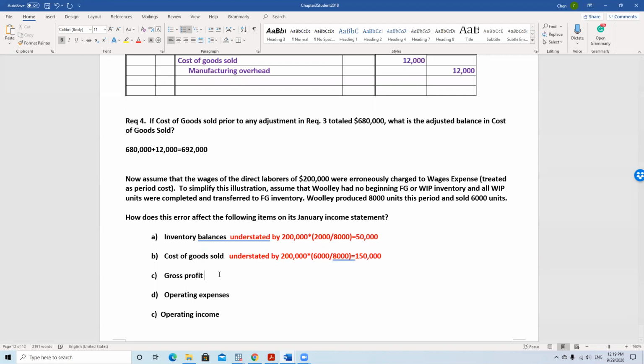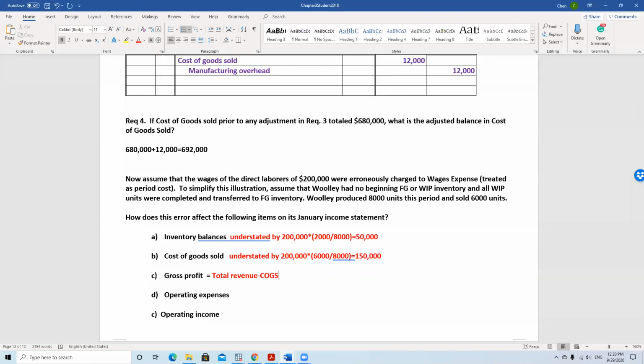Gross profit. For the same amount of revenue, if our cost of goods sold is understated, then our gross profit will be, so gross profit is equal to total revenue minus cost of goods sold.